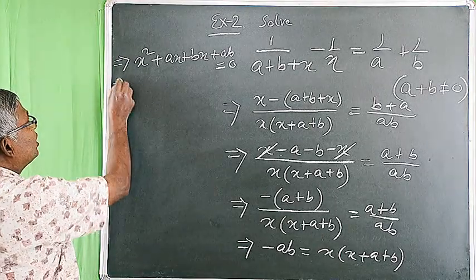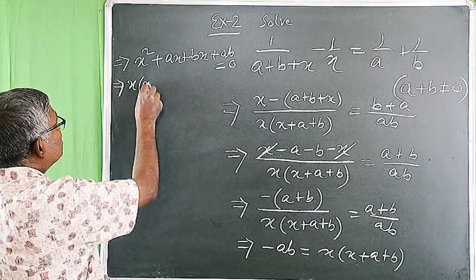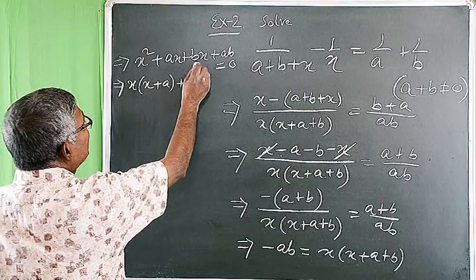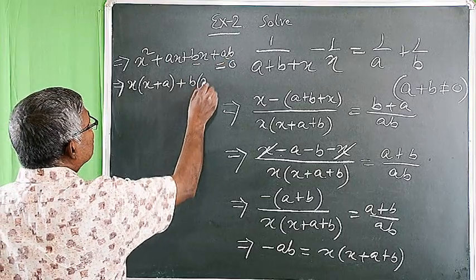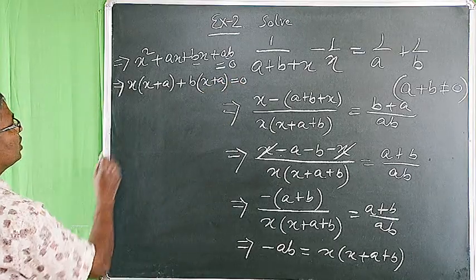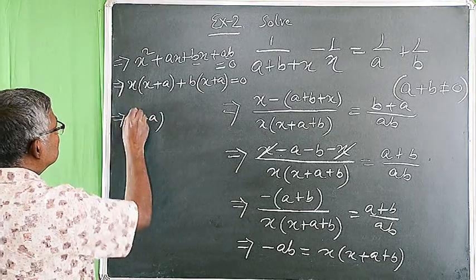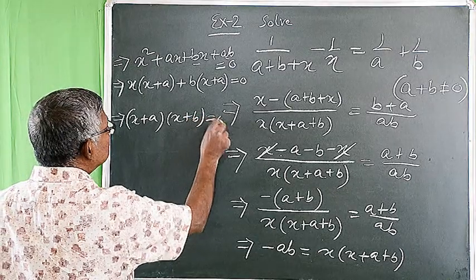This implies that we are taking x common, that is x into x plus a, and we are taking b as common, so it is b into x plus a equal to 0. This implies that x plus a into x plus b equal to 0.